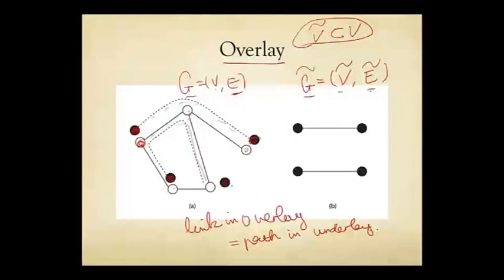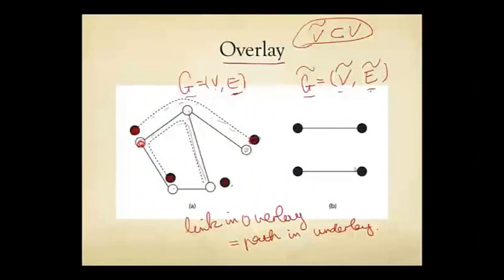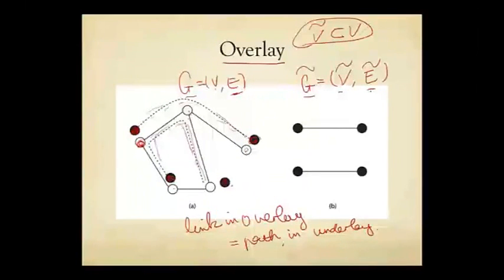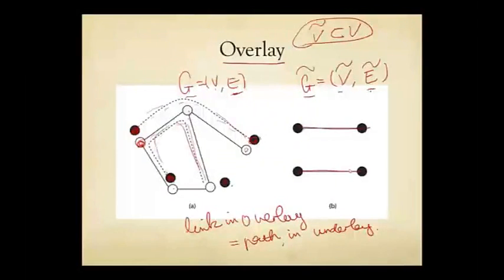Now, what does the overlay graph look like in this case? It's a very strange looking graph, but nonetheless, we have these 4 nodes, and there are 2 links. One link is this path in the underlay, the other is this path in the underlay. So you actually see just 2 parallel lines. That is our new graph G2D, which is a disconnected graph.